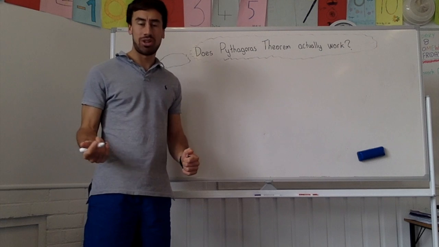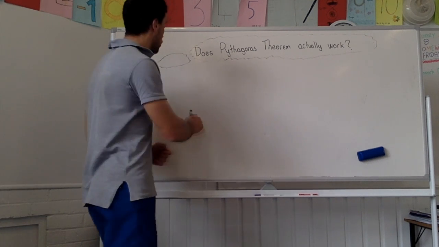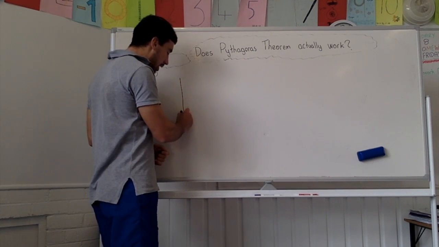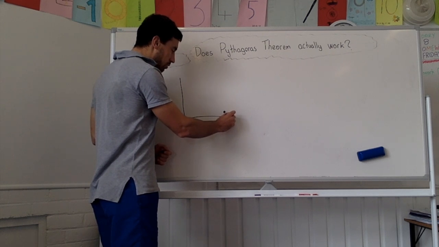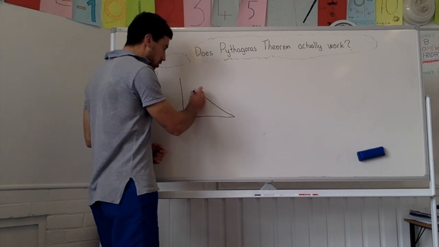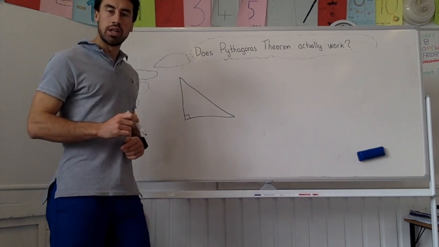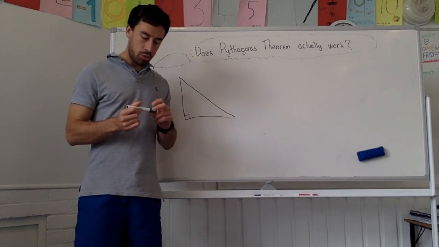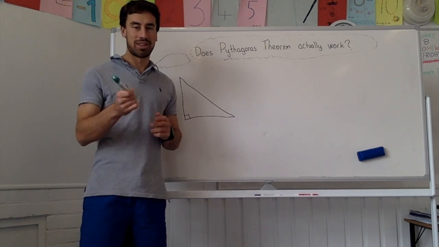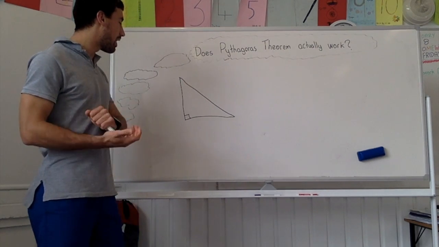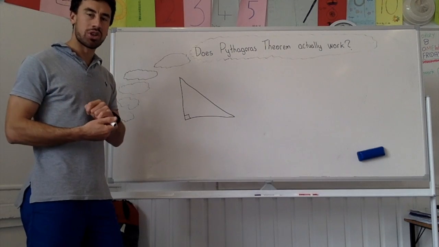Pythagoras Theorem is used when we're dealing with right-angled triangles. There's a beautiful right-angled triangle right there. So we've got our triangle there, and we can label the sides.